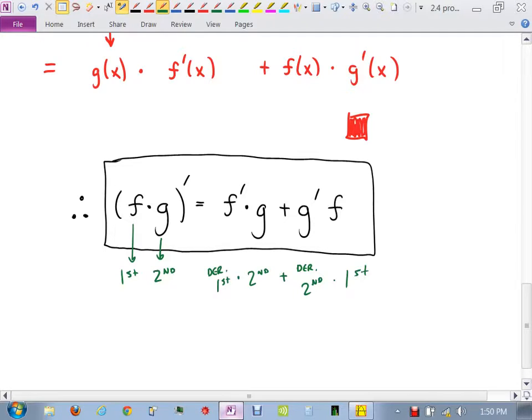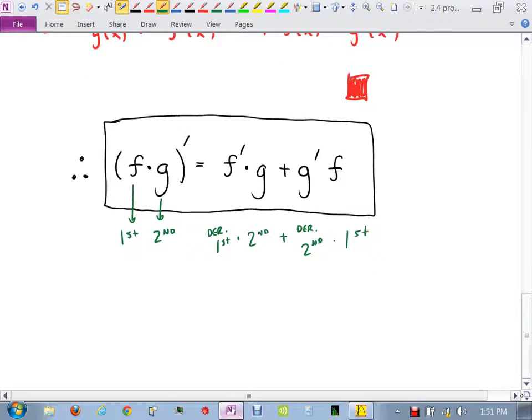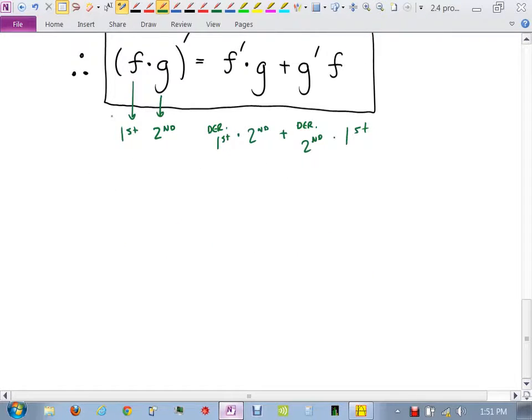You want to get comfortable saying what the product rule is, like in your head, because you have to memorize that formula, or you should have it memorized. All right, let's go back to this example where we had y equals x times sine x. We already knew that that was a product, right?